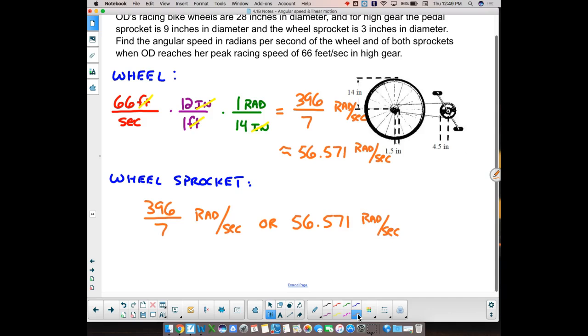They are angularly spinning at the same rate. Why? They're the same thing. They're on the same axle.